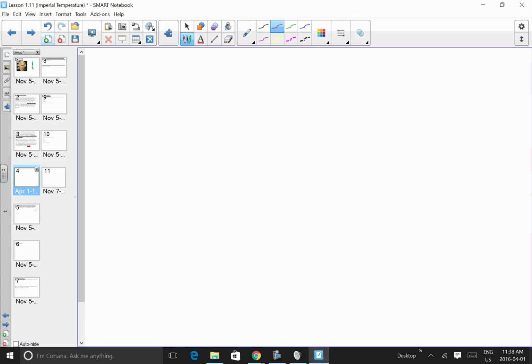So typically what we'll be doing with imperial temperature, with Fahrenheit, is we'll be converting between Fahrenheit and Celsius. And on your formula sheet, you'll see two formulas, and I'm just going to write them down here for you real quick. So the first is F equals 9 over 5 C plus 32.